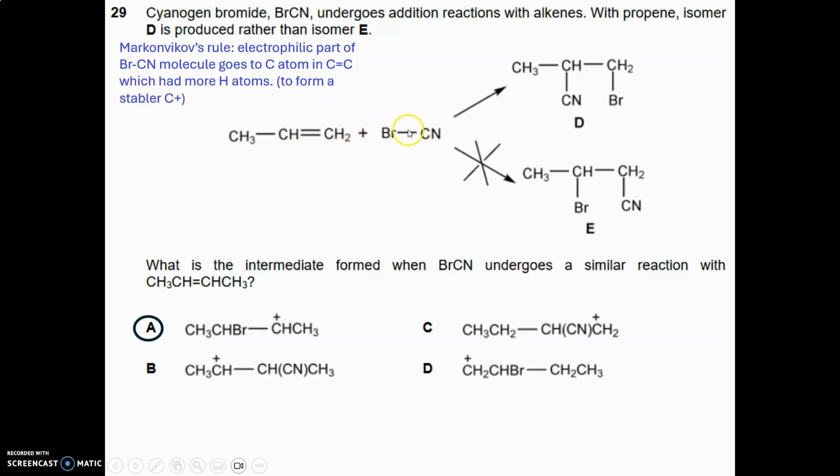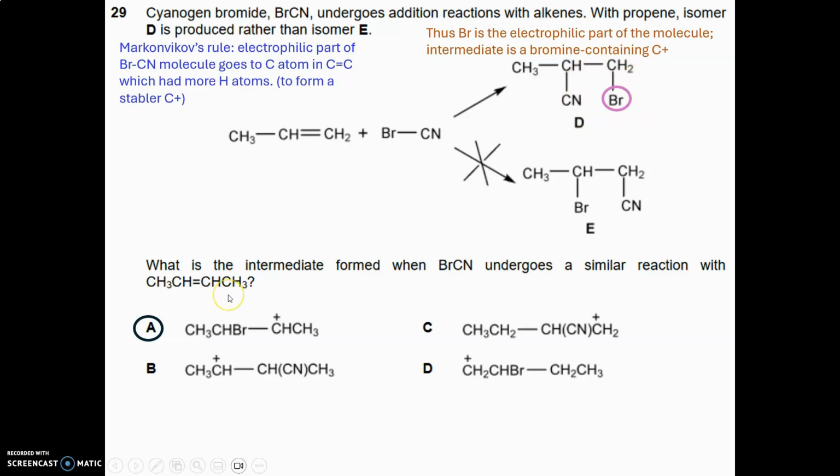So the part of the cyanogen bromide molecule which added to this carbon is the electrophile. We note that isomer D is formed, which means that the bromine is the electrophilic part of the molecule, and the intermediate is a carbocation which contains the bromine atom.